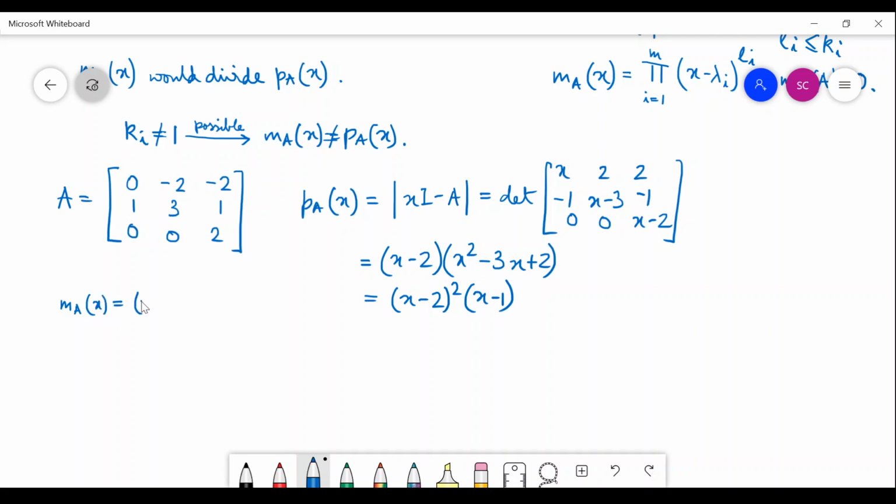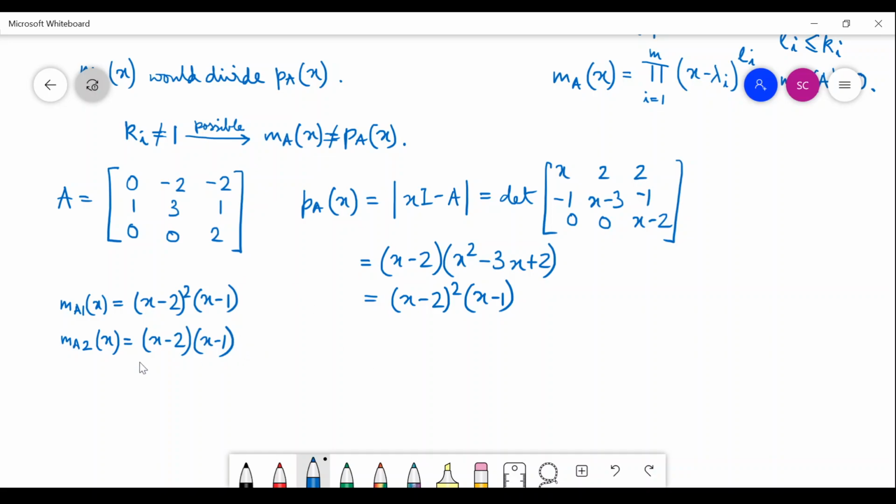You write them down first. One possibility is the same, m_A1(x), and another possibility, m_A2(x), is (x minus 2)(x minus 1). This is another possibility.